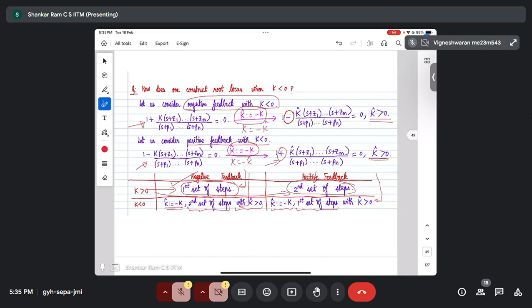This way, you and I can construct the root locus for either negative feedback or positive feedback, with positive K and negative K. I hope this set of steps, what we do with negative K, becomes clear to all of us, right? Any questions on this?